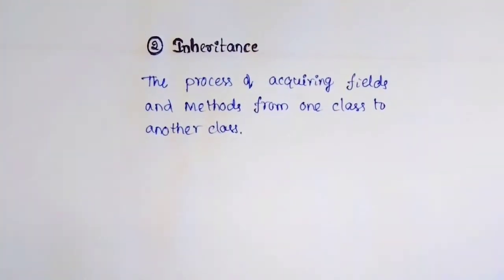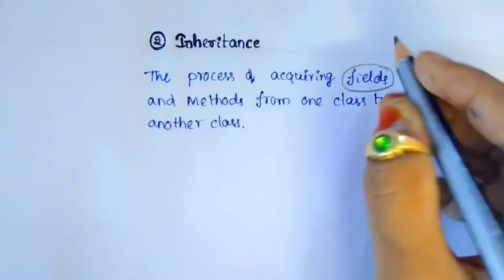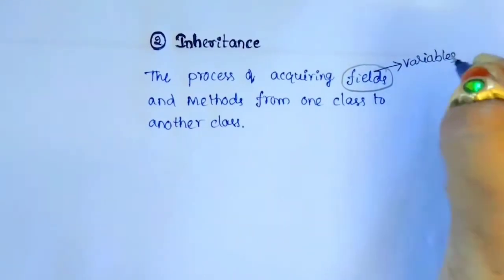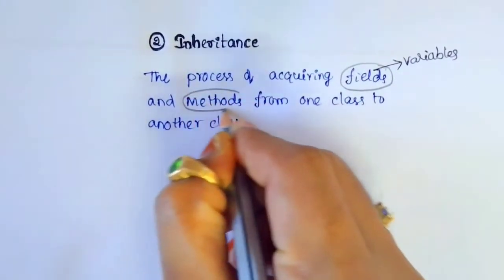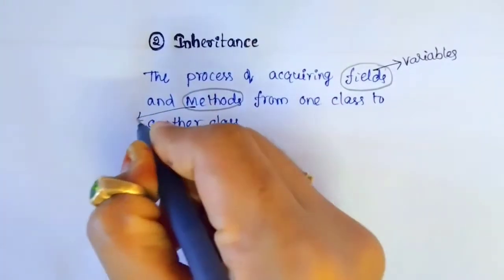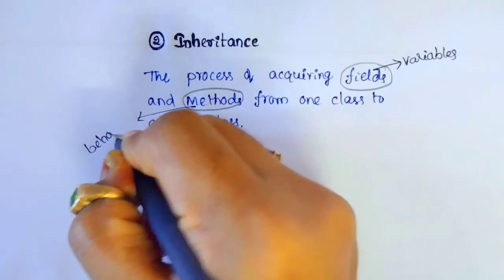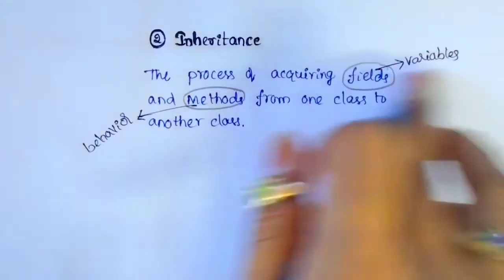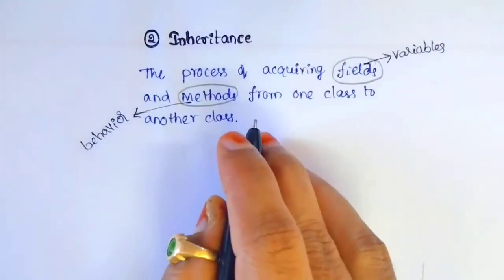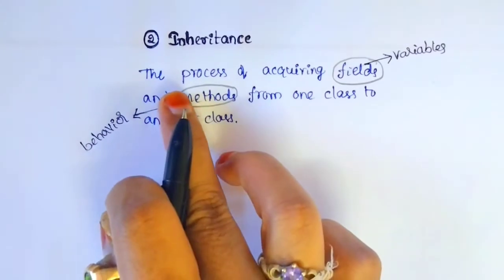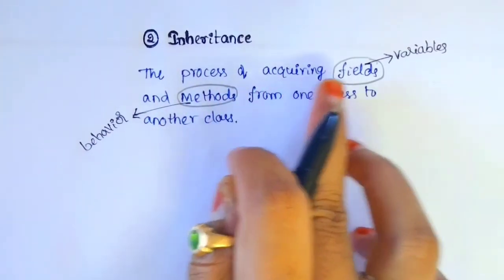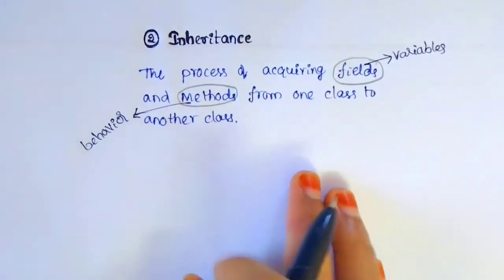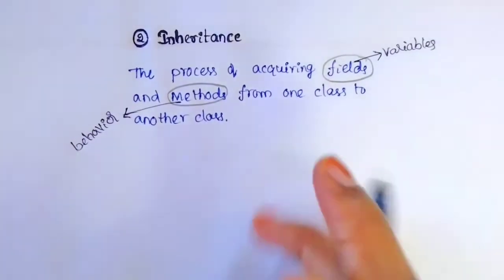Here, fields are variables and methods are behavior. So, inheritance is a process of acquiring variables and methods from one class to another class. Let's take an example. Take parent class and child class.